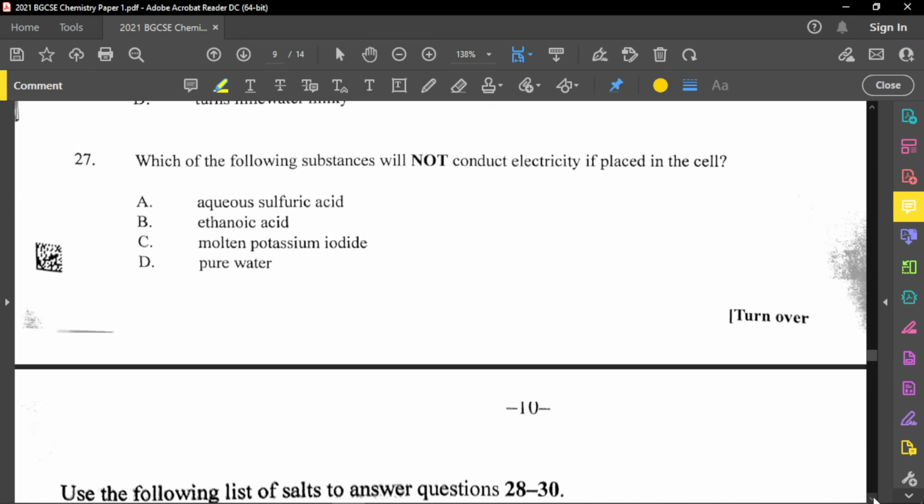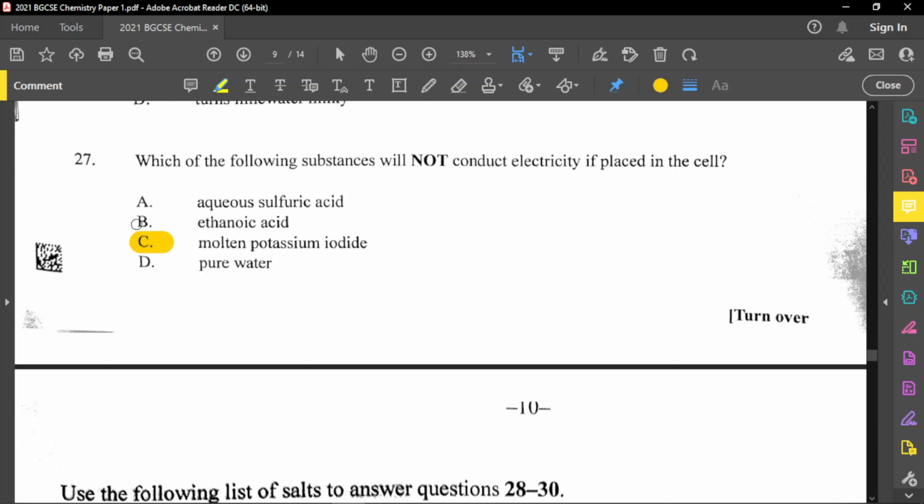27 says: which of the following substances will not conduct electricity if placed in a cell? So if placed in a cell, it will not conduct electricity. When I say a cell, I mean a battery. You can put acids in a battery for sure, and you can put salts within batteries, and they will conduct electricity because salts will give off the ions needed. Just think about electrolytes as well. So molten potassium iodide would be good.